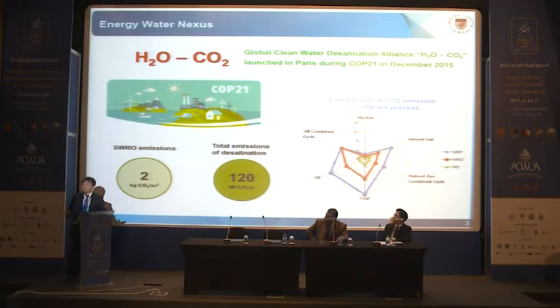Compared to MSF and MED, the CO2 generation from RO is much lower than other options. That's why the Global Clean Water Desalination Alliance, H2O minus CO2, was launched in Paris during COP21 in December 2015.